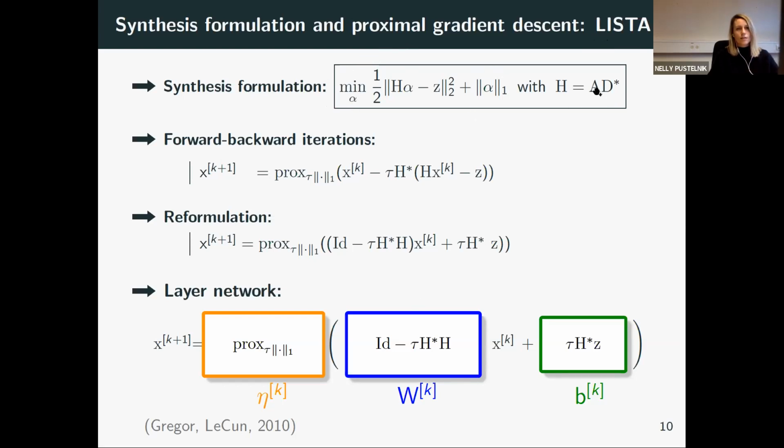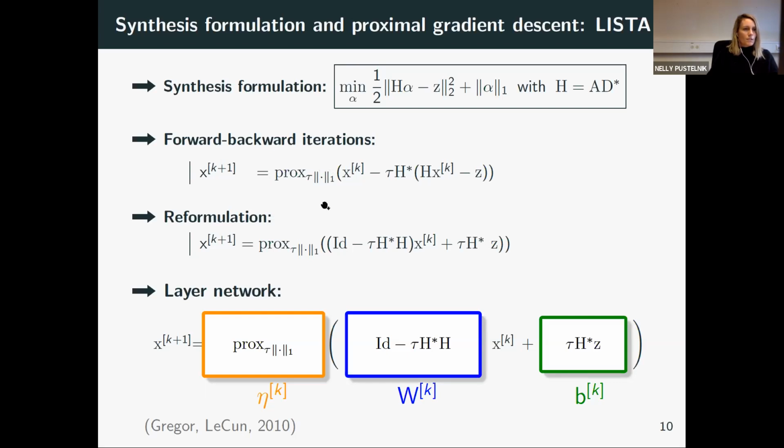You see that you have A D star in place of H. And so you have this minimization problem where you apply a sparse penalization on the coefficient alpha. Then you perform the forward-backward iteration presented before. So you have a gradient descent step, and then the soft thresholding.